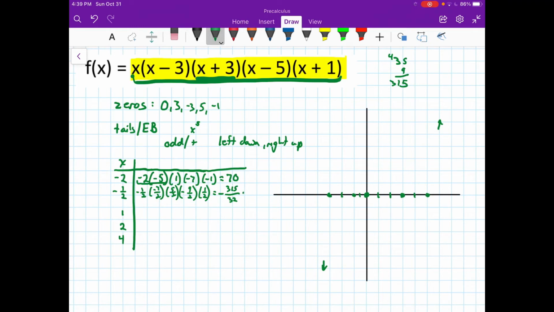Well, that is approximately -10. Not quite, but close enough for our purposes.